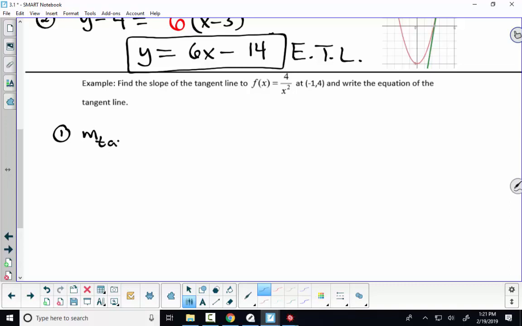So I need to first find the slope of the tangent line. So what would the slope of the tangent line look like here for this function? I'll start.